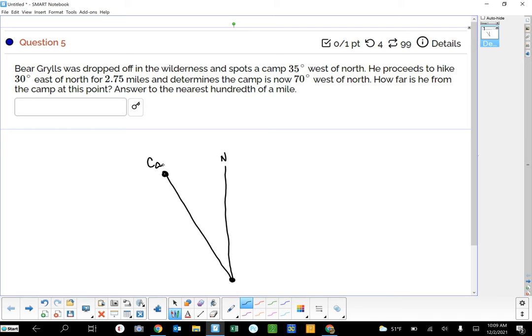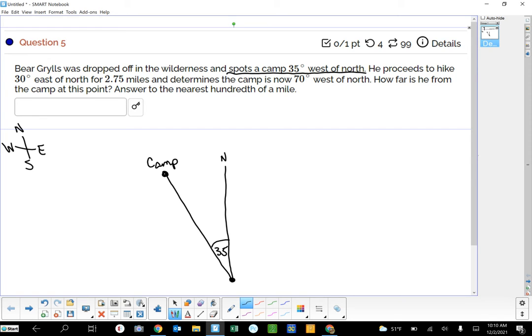Here's the camp. You guys know this is north, south, west, east, right? So that camp is west of north. That's what that means, and this is 35 degrees. So he spots a camp 35 degrees west of north. That's the first part of that.